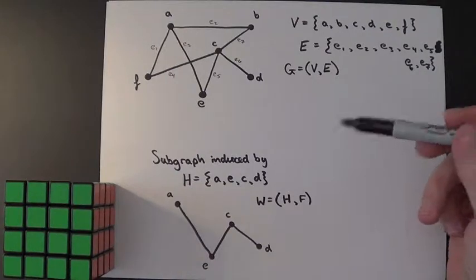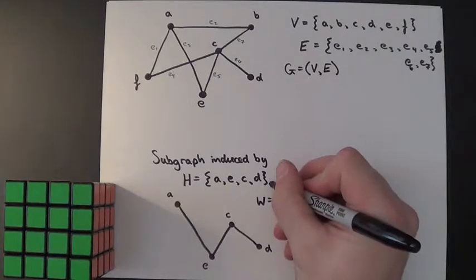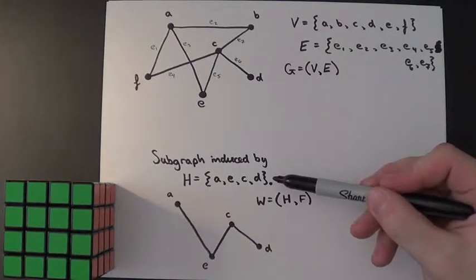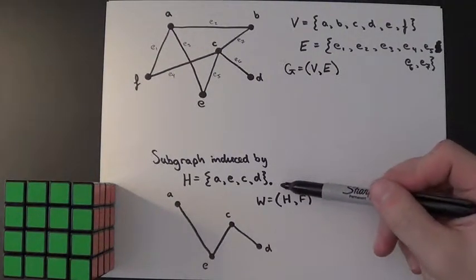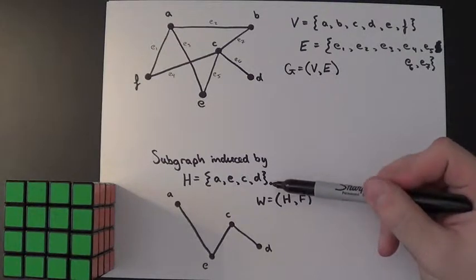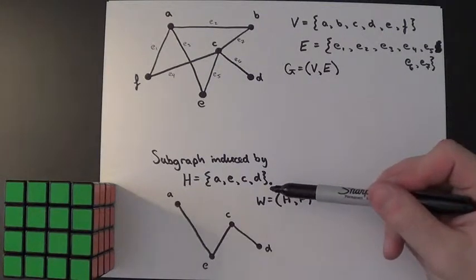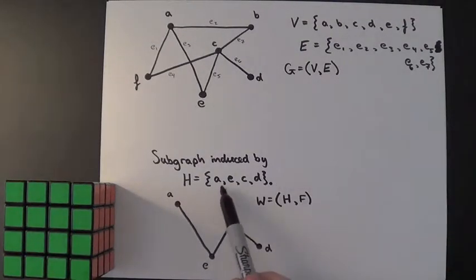When the book mentions a subgraph induced by a set, here I've got a subgraph induced by this set H. H is a subset of V. The only thing remaining to do here is figure out which edges are members of the subgraph induced by H. The edges that we include are only edges with a terminal and initial point, or only edges that connect two vertices within that set.